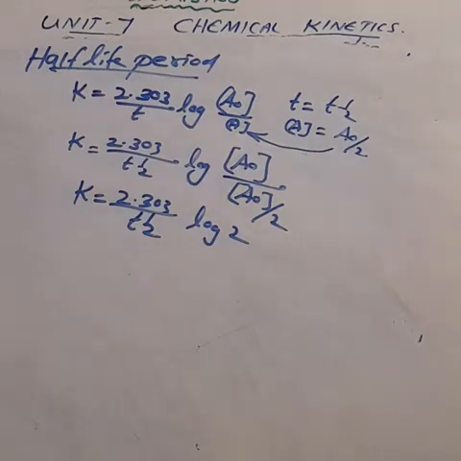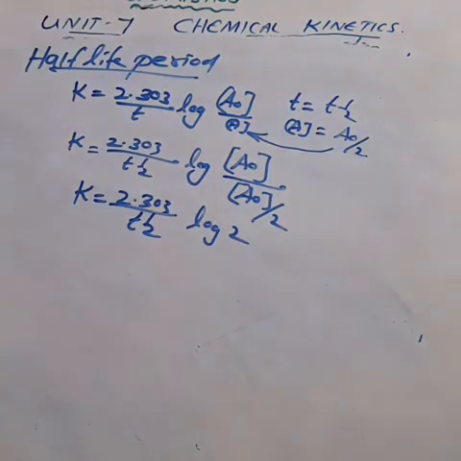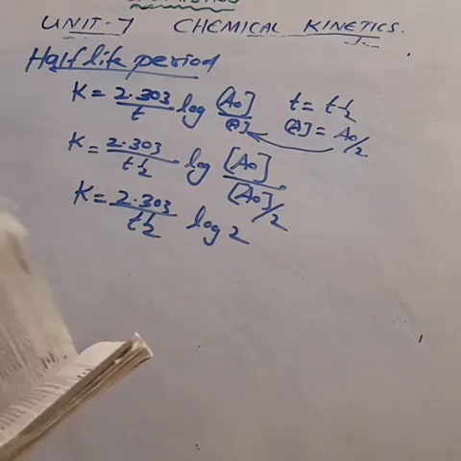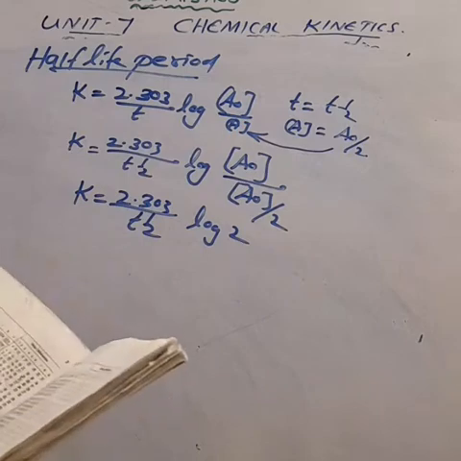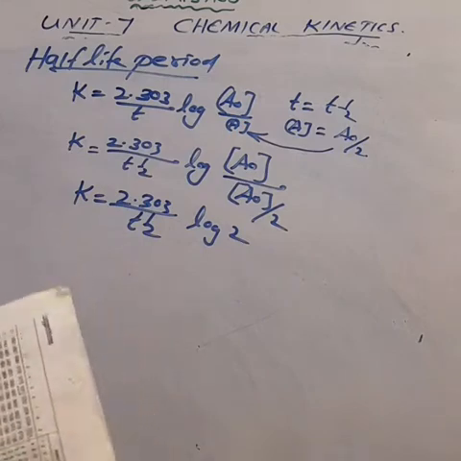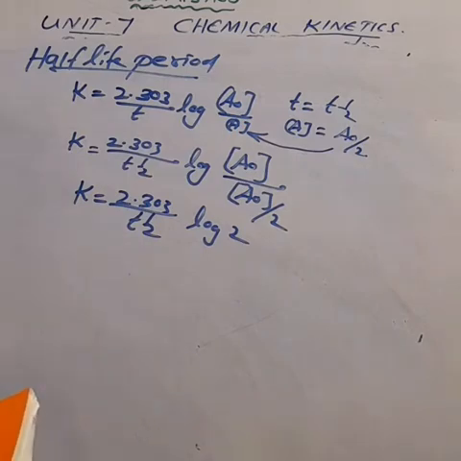We have to learn log 2, otherwise we have to memorize log 2. Log 2 value means we must take the logarithm book. Please all of you take the logarithm book.